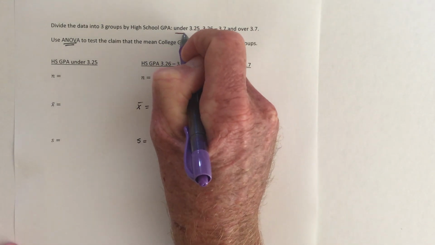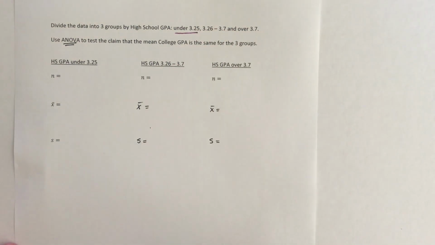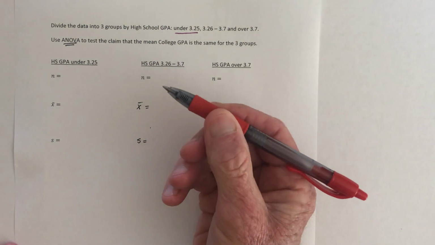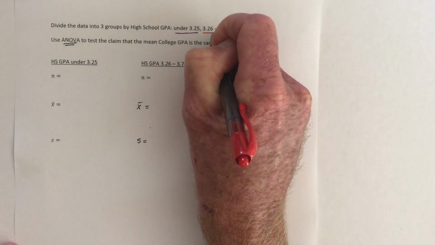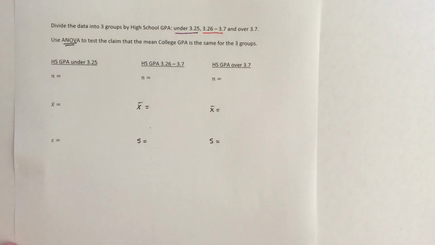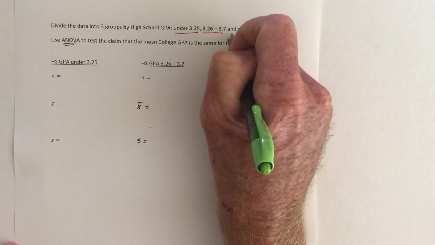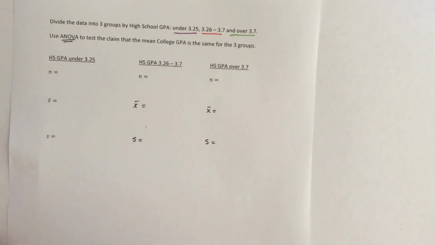Those that have under a 3.25, here's where highlighters or different color pens are useful. Those whose GPA is between 3.26 and 3.7, and then in green is going to be those people that are over a 3.7. All right.